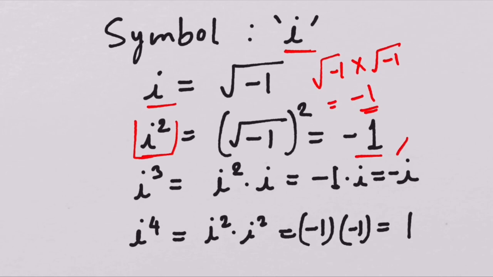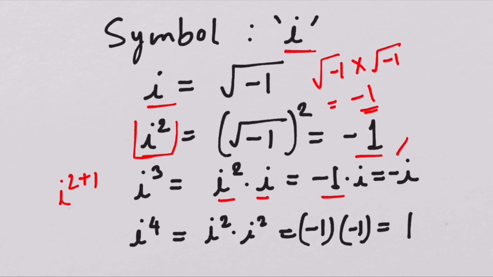Now iota cube can be written as iota square into iota. This is iota to the power 2 plus 1; we add the powers and it becomes 3, and we split it into iota square into iota. Iota square we already know from the previous result is minus 1, so minus 1 into iota will be minus iota.